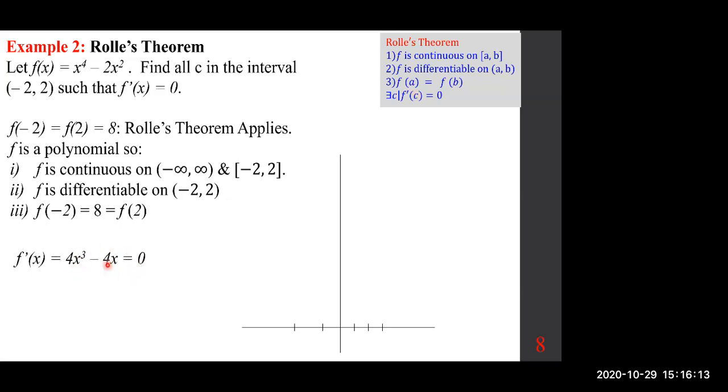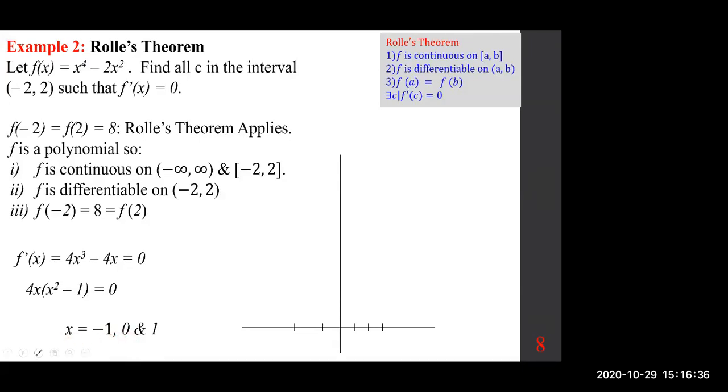This is an easy equation. Factoring will do the job: 4x times x squared minus 1. And we get those answers. By the way, x is 0, or x squared equals 1, so x is plus or minus 1.